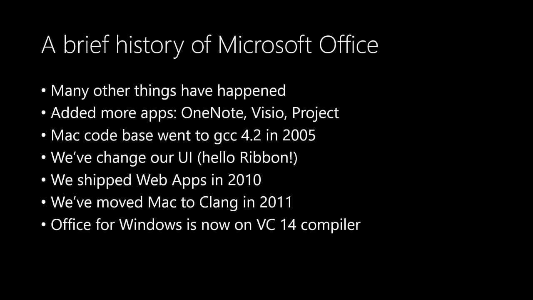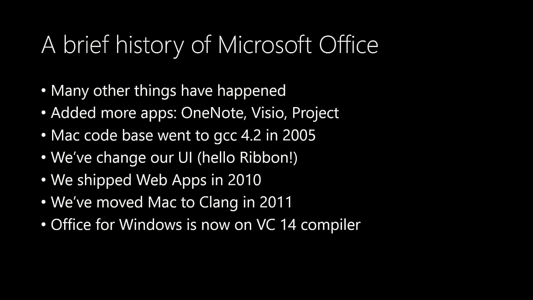So a lot of other things have happened. We added more apps. We added Visio, OneNote, Project, many other apps. The Mac code base went through many different tool chains, GCC, Clang. We redid our UI. We decided that menus and toolbars and dialogues were too confusing to our users given the complexity of the apps. We now use ribbons and side panes and dialogues, because we had so many that it was difficult to get rid of them.